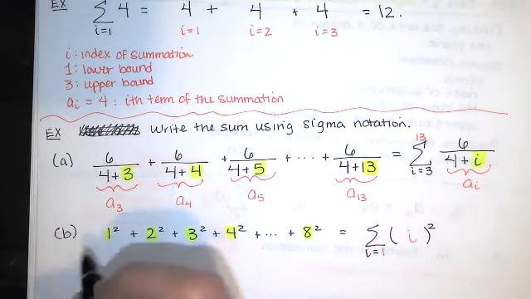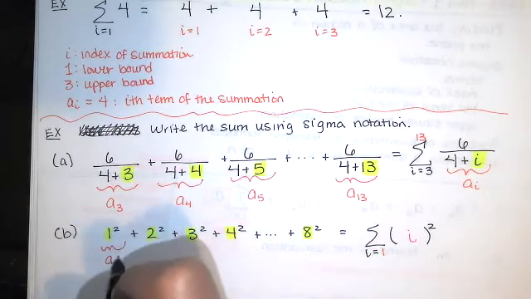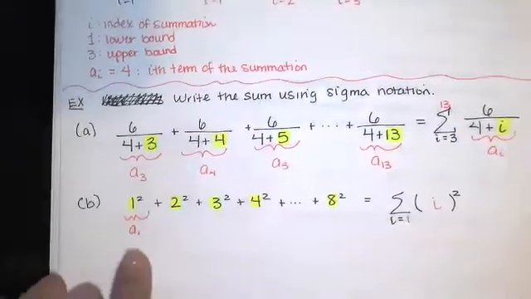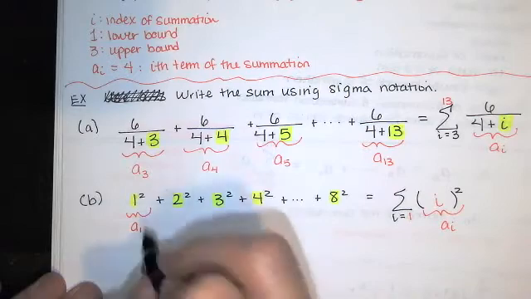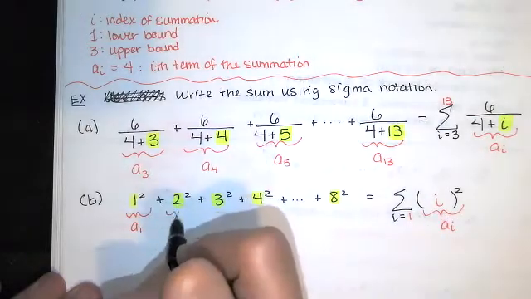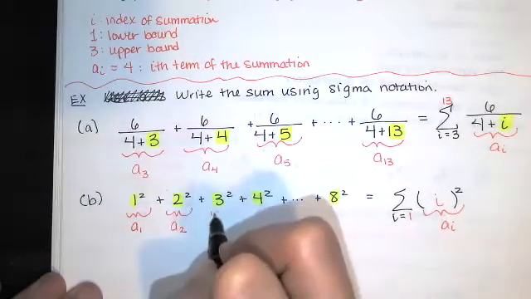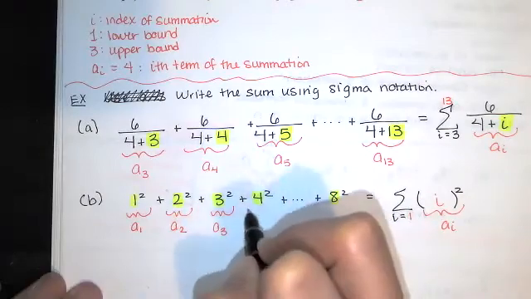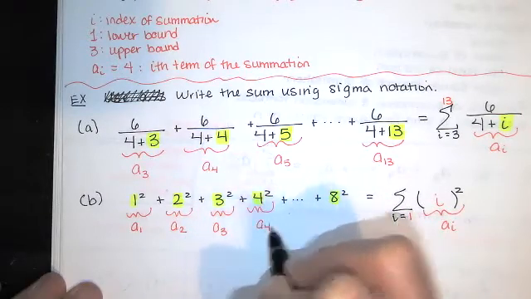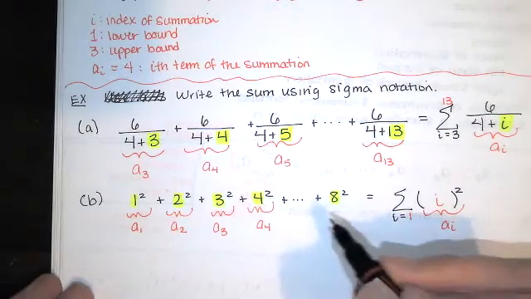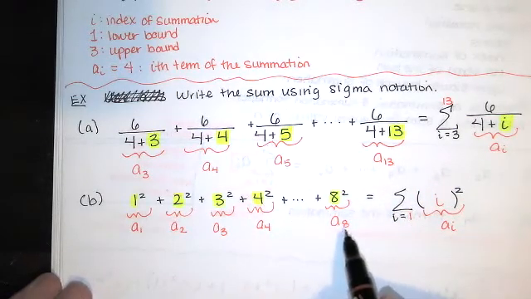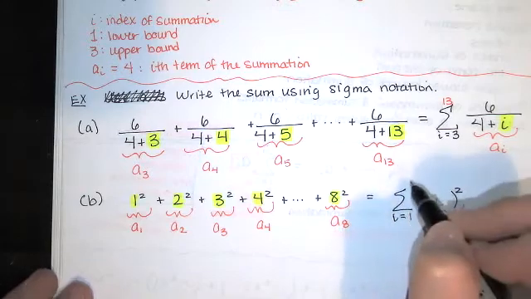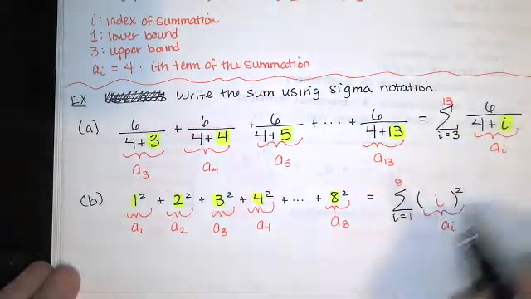Well, if that's the case, then this is a sub 1 squared, or a sub 1. That would make this a sub I. So when I is 2, that's going to be a sub 2. This is a sub 3. That's a sub 4. And then over here we've got a sub 8. Since we stop at a sub 8, the upper bound of the summation needs to be 8.